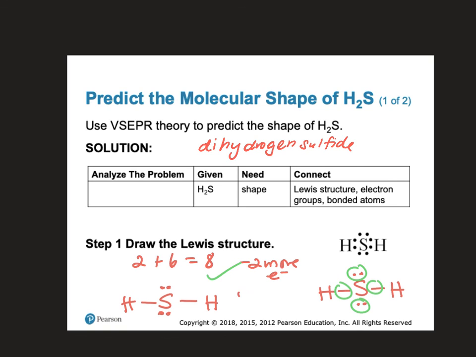We have 4 electron groups, 2 of which are bonding and 2 are non-bonding. So this means that there is going to be a bent shape, and the bond angle is going to be 105 degrees.